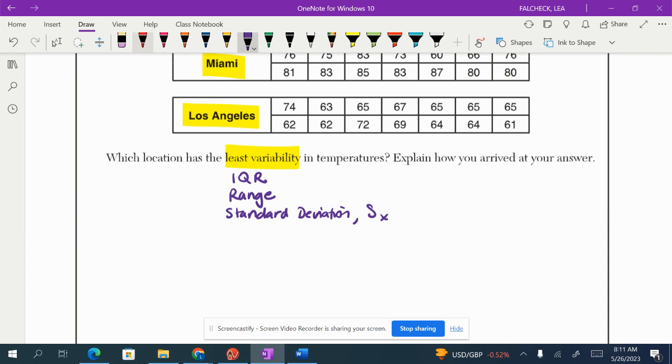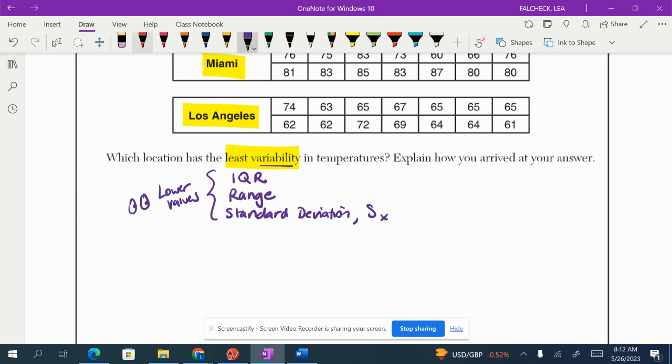So these are the three metrics that we use to measure variability. So if we're looking for the city that has the least variability, we're looking for the city that has the lower values of these three metrics.